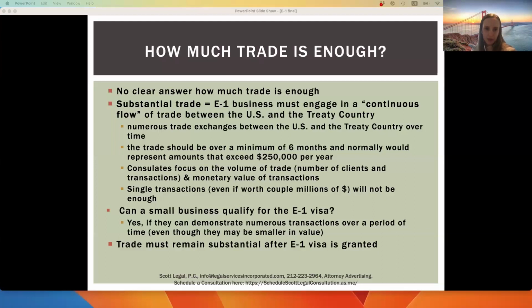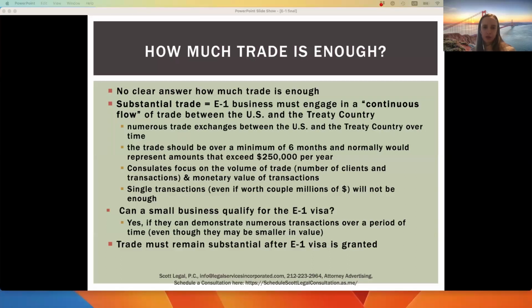One thing I wanted to mention is that a single transaction, let's say that your company sold something to a US client for $3 million, but you only had that one US client, and there was only this one transaction between you and the US client.